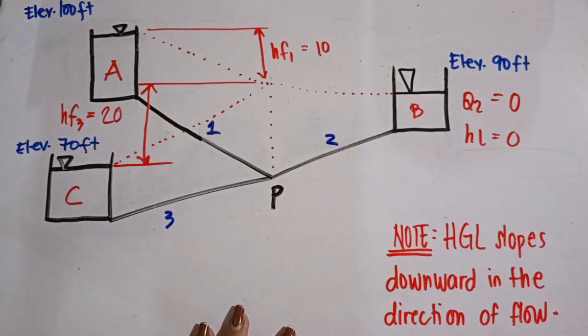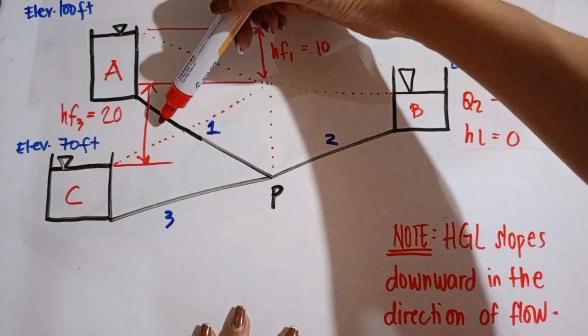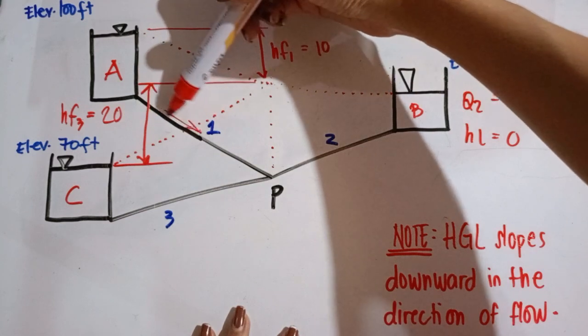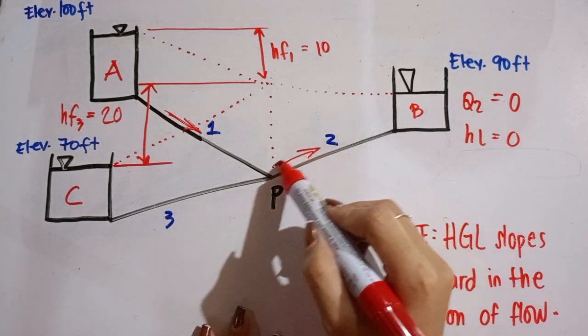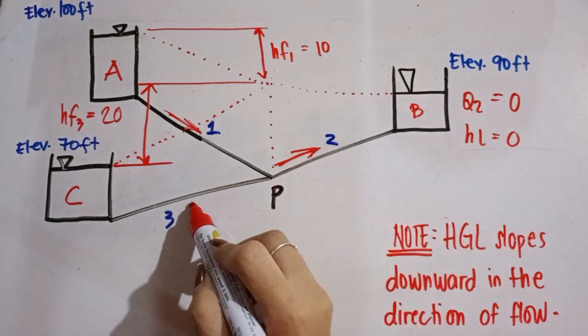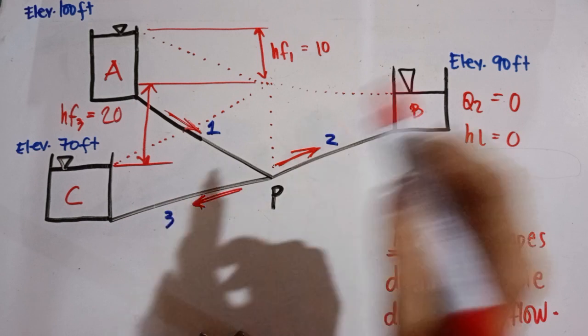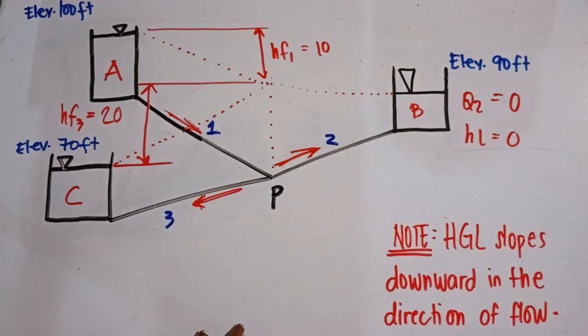So the flow is here and it goes here and downward. That is going to be the direction of our flow.